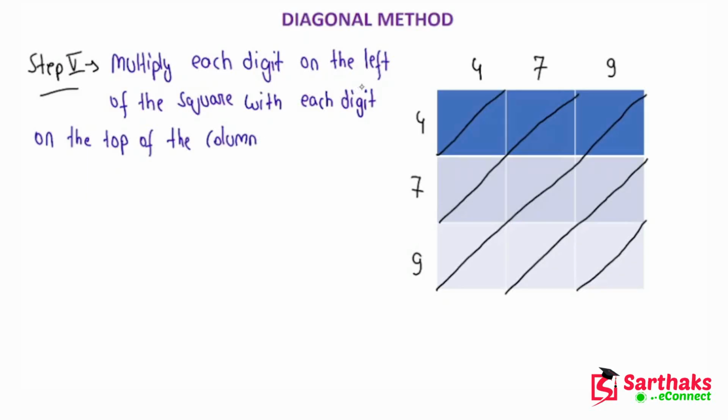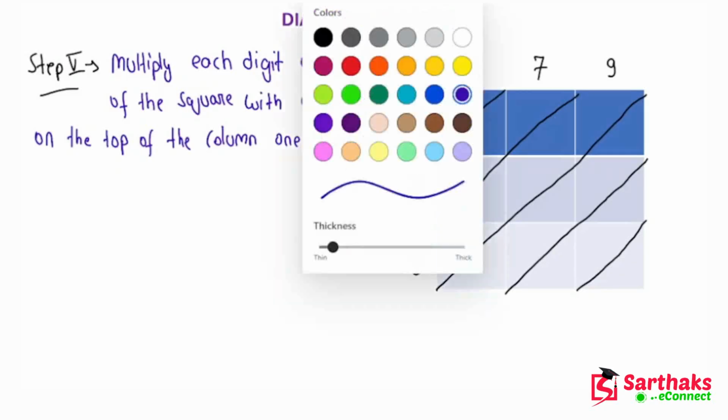So multiply each digit on the left of the square with each digit on the top of the column one by one. So we'll do it one by one. Then after multiplying the digits, we can write the next part of the step. So let us just multiply.